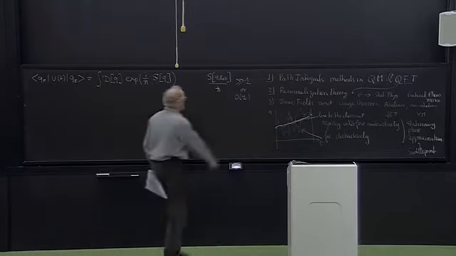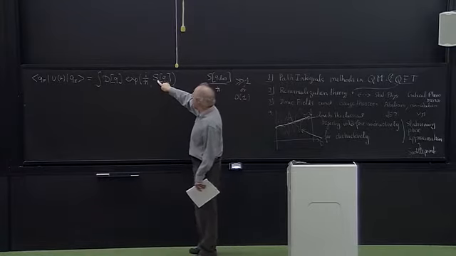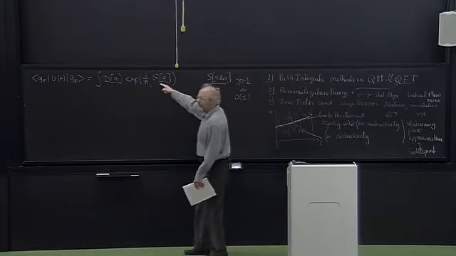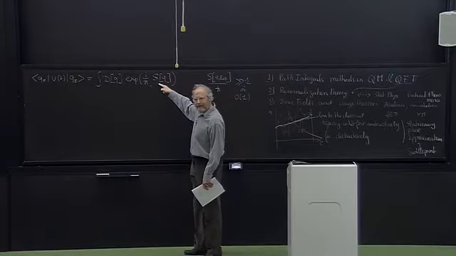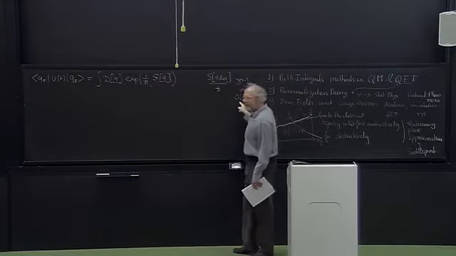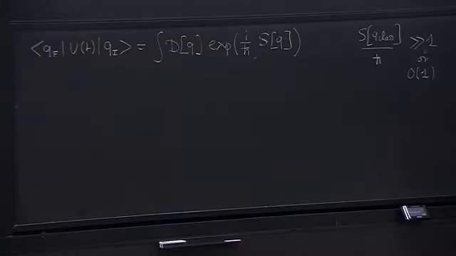If it's much larger than 1, then this is a big number. So as soon as this is not stationary, you have very big variation and destructive interference. If this is of order 1, then trajectories that are quite far apart from the classical trajectory still interfere in a semi-constructive and destructive way. So this approximation is valid if this is larger than 1.